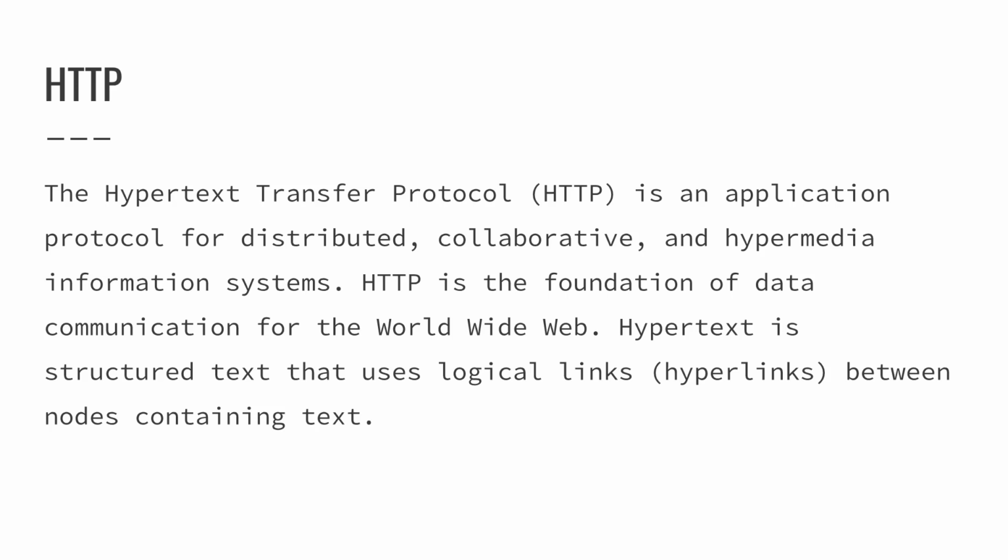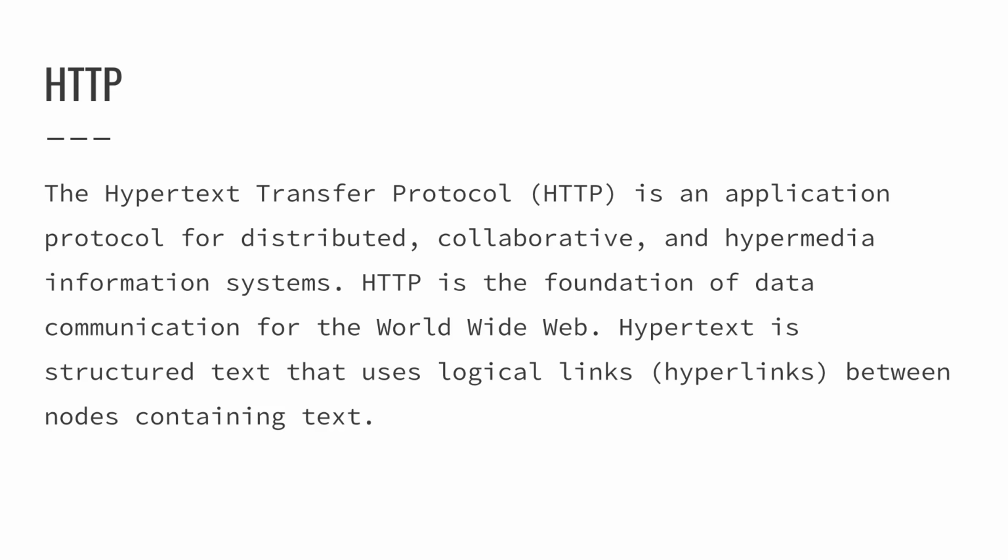Why is it a structured text? Because it's a tree, right? Things are in a specific location and have a specific relation with their parents. You have children inside children inside children. So when he's talking about hypertext, a structured text that uses logical links, he's talking about many different languages.